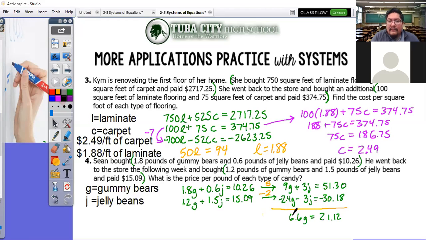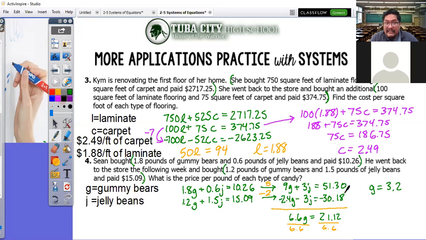Okay, now I'm going to find the price of the gummy bears. I know that 6.6 pounds would be $21.12. So a pound of gummy bears is 2112 divided by 6.6, which would be 3.2. So there you go, 3.2. So we know the gummy bears are going to be $3.20 per pound.